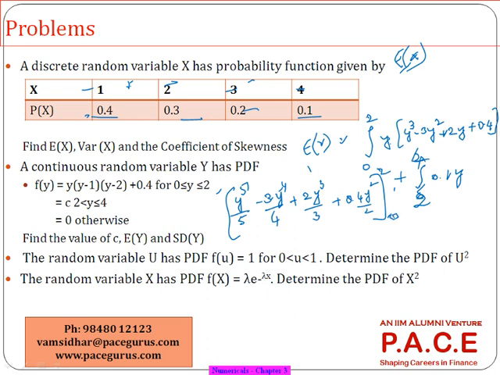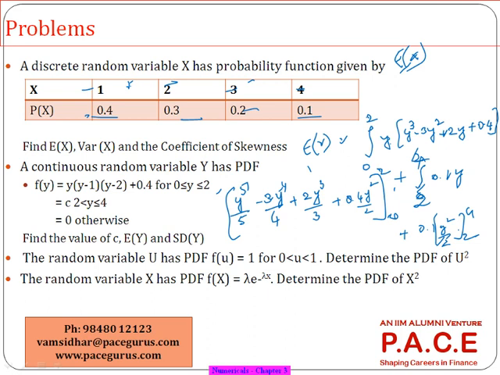You can substitute the values, and this one, 0.1 y squared by 2, would be integrated between 4 and 2. Whatever value comes out, we are calling that the expected value of x or expected value of y.